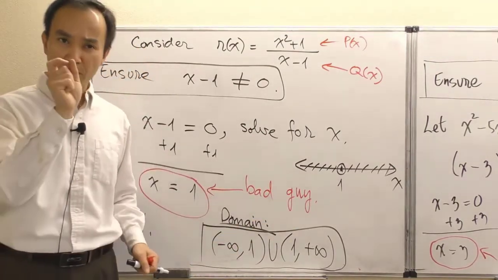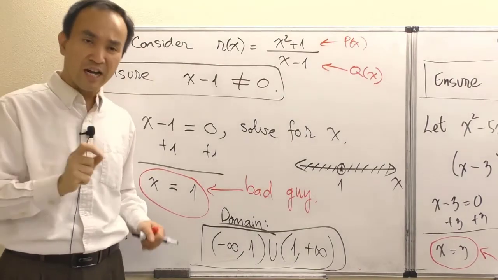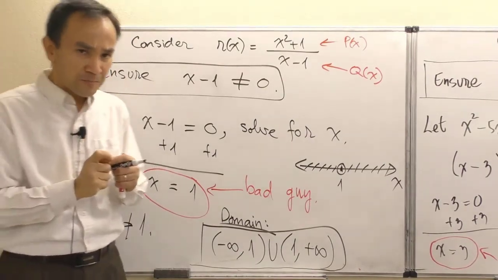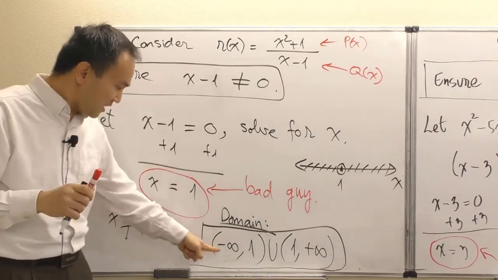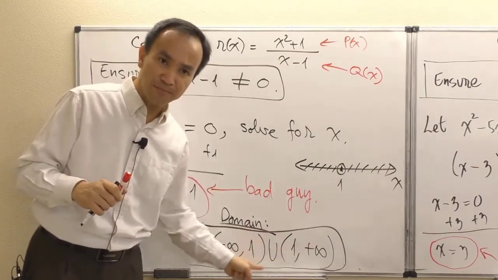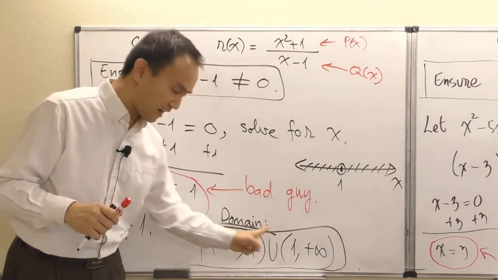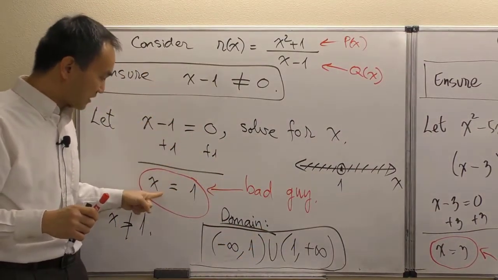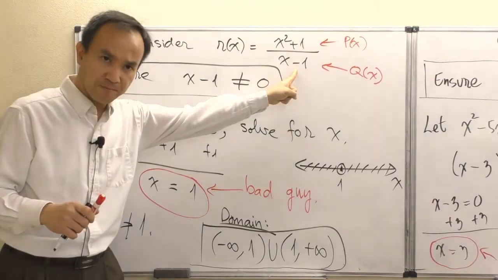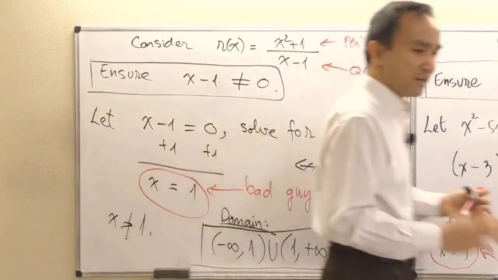So as a bottom line, the domain for any rational function is simply any value except, and I just used that term earlier, the zero of our denominator for this particular equation.